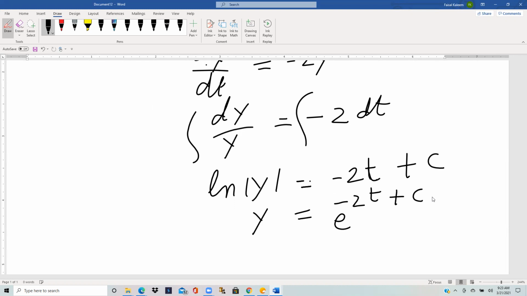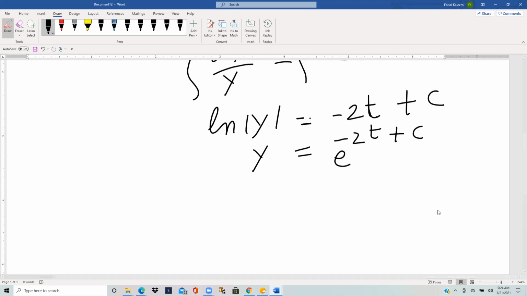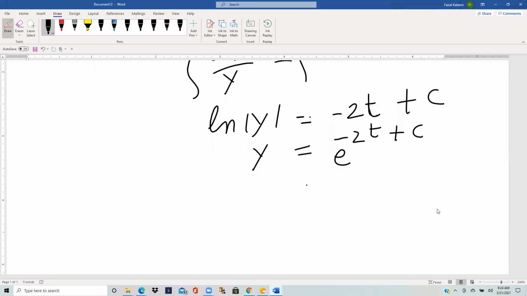So if you look at the answers, you do not have any answer of this form where the c is added onto the exponential. So one way to simplify this is you break it up, e to the negative 2t times e to the c.